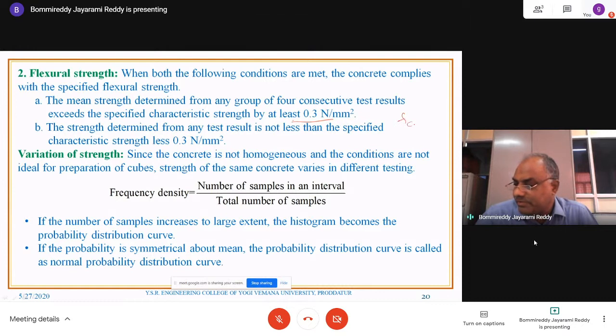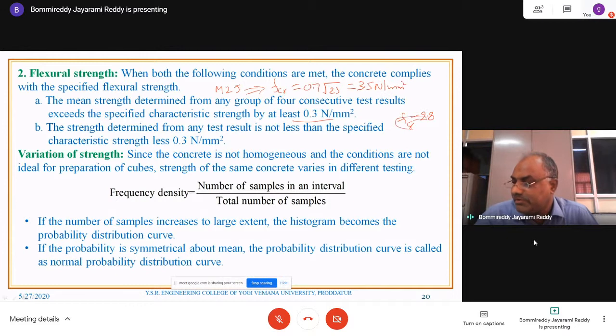Flexural strength, say for example, fcr. Assume that for a particular concrete it is 2.8. It is only an assumption. And it is acceptable. For example, you know that for M25 grade of concrete, fcr will be equal to 0.7 times root of fck. So that means it is 3.5 Newton per mm square.